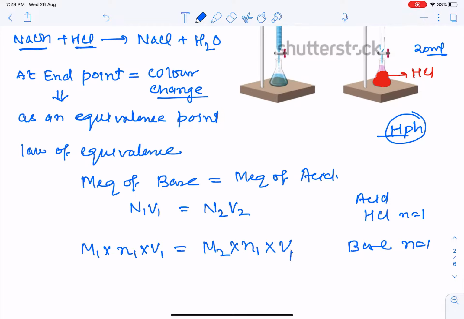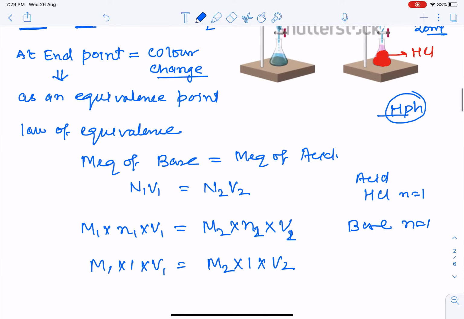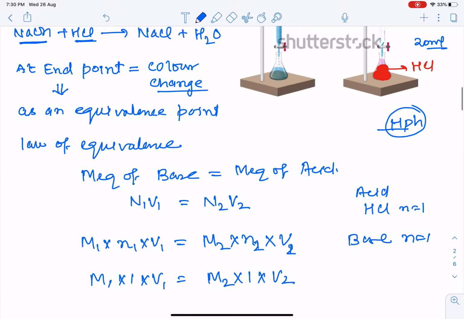As the N factor is 1 in both cases, this will simply be molarity into 1 into V1 equal to molarity into 1 into V2. In case of acid, V2 you already know, this part is V2, that is the acid.